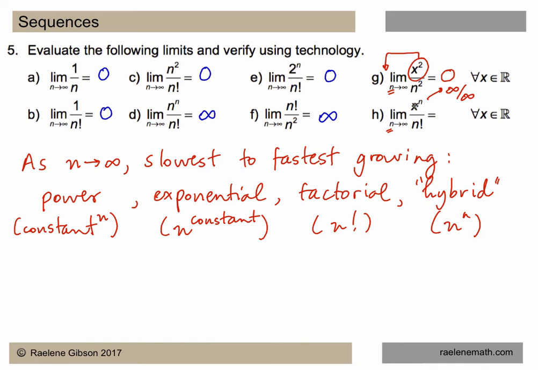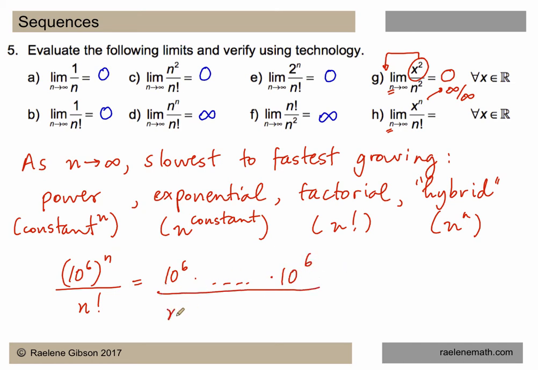Well, even if x is a really, really big number, like a trillion or a million or anything that you want, let's take a million. A million raised to the n over n factorial is eventually going to be a million multiplied by itself n times, but n factorial is going to be n times n minus 1 all the way down to 1.